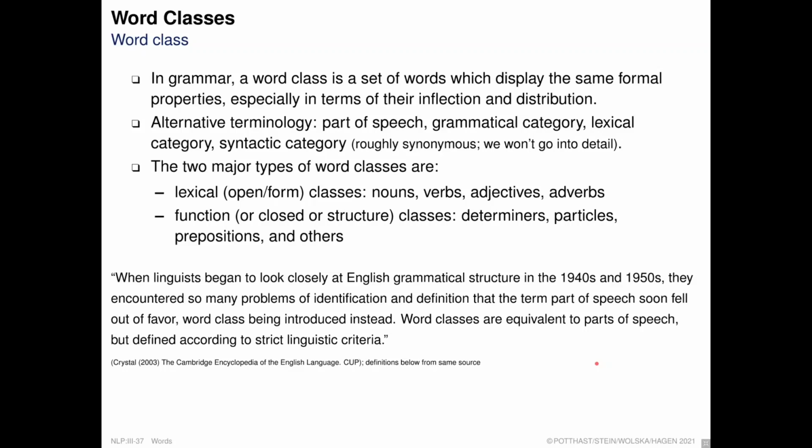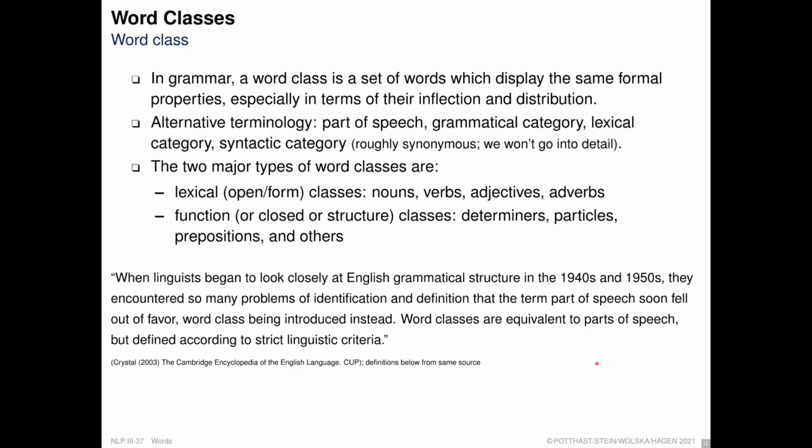The major two word classes are lexical words, so words that have a semantic function of their own. So lexical classes are those classes that are open and have in principle an infinite set of lexemes.